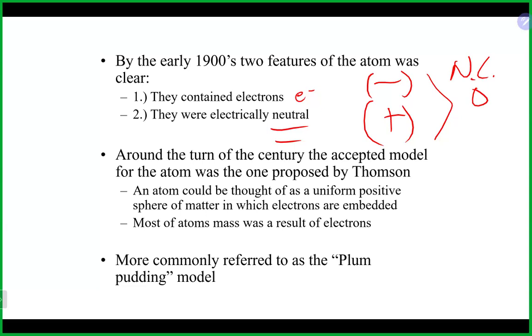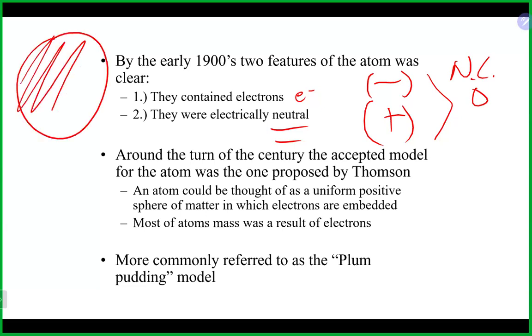The early model of the atom was one proposed by Thomson. He said the atom is a sphere of positive charge, with the positive charge spread out all over this sphere.